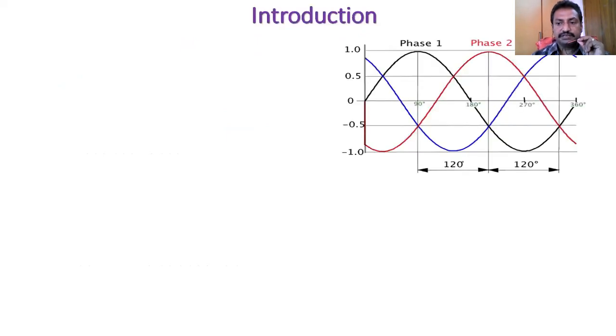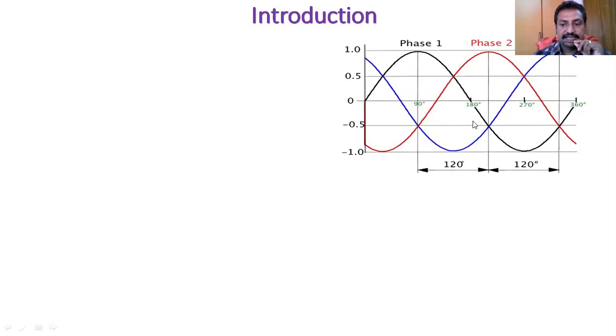First, the introduction part. Listen carefully, students. There is a difference between single phase and three phase circuits. Single phase circuits contain two terminals. So a single magnitude will contain positive and negative alternating quantities.